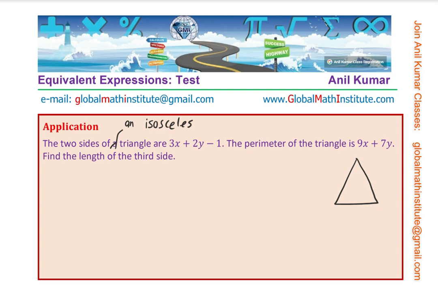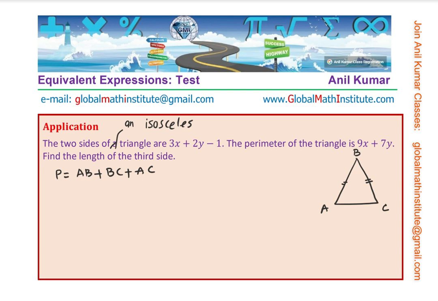The perimeter is 9x plus 7y. Find the length of the third side. Isosceles triangle means that two sides are equal. So we are taking these two sides as equal. Now we don't know what the third side is. So let's label this as ABC. So perimeter is the sum of all the sides, right? So the perimeter is basically the sum of AB plus BC plus AC, right?